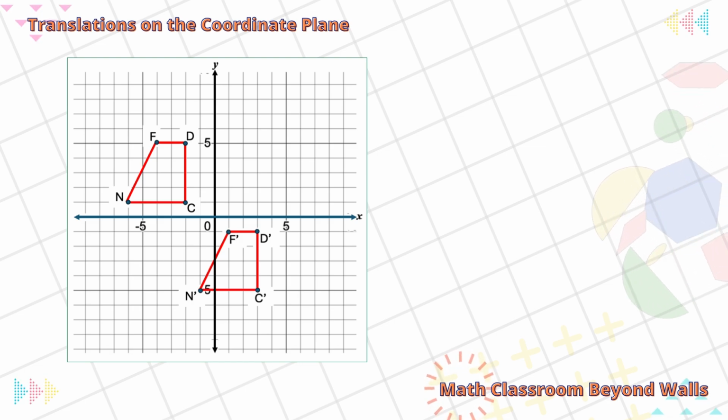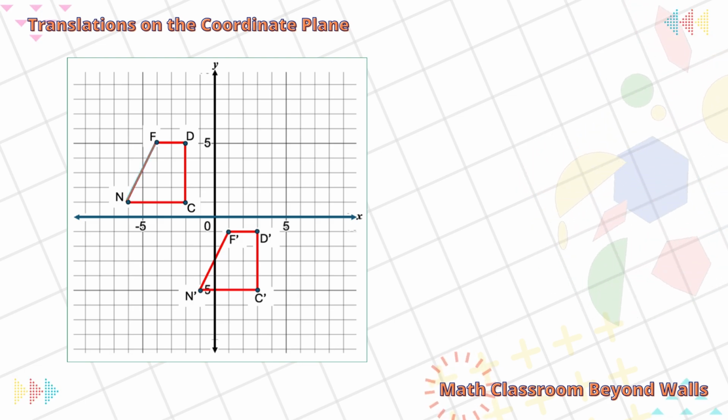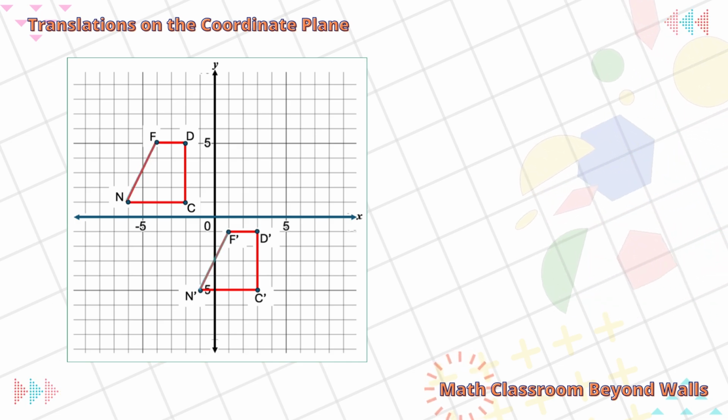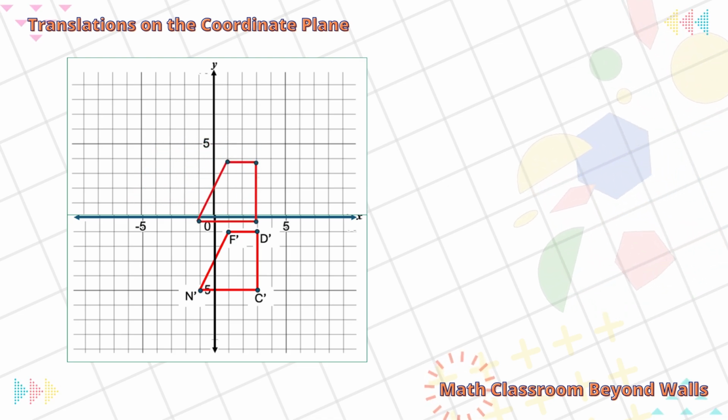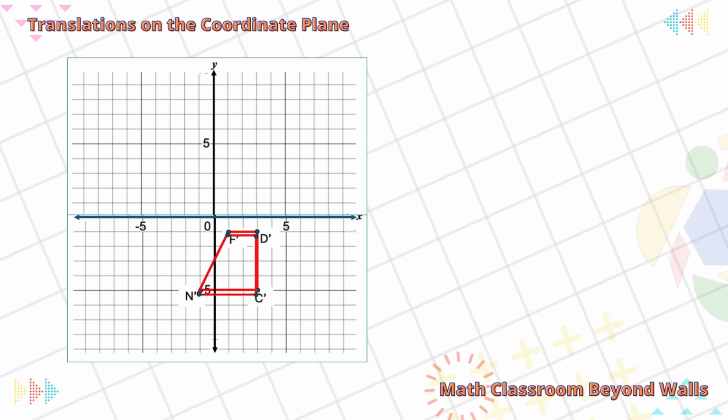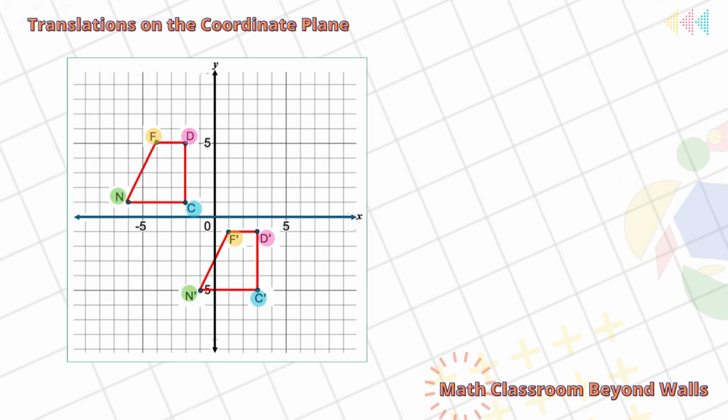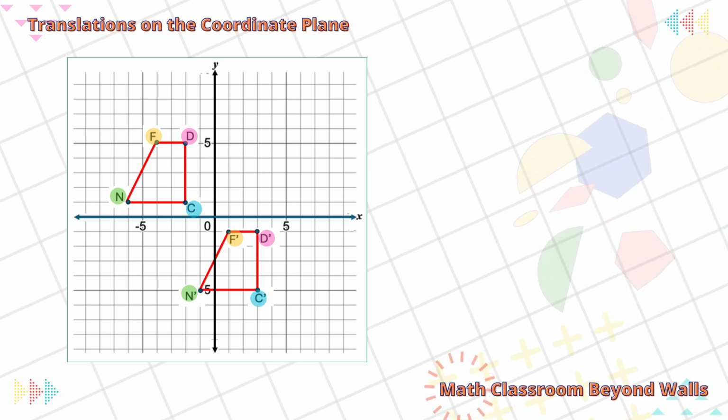It therefore follows that side NF and side N prime F prime have the same lengths. From here, we see that the corresponding sides have the same lengths. If we put one figure on top of the other, one will exactly fit onto the other. In such case, we say that the corresponding angles are also congruent.